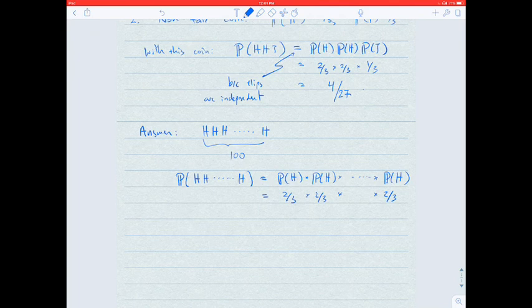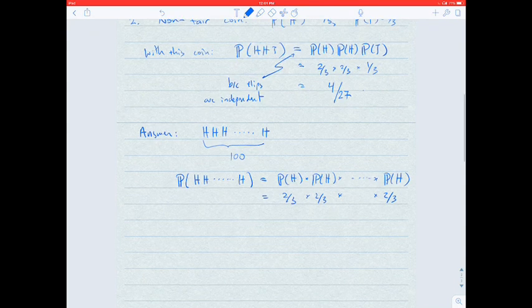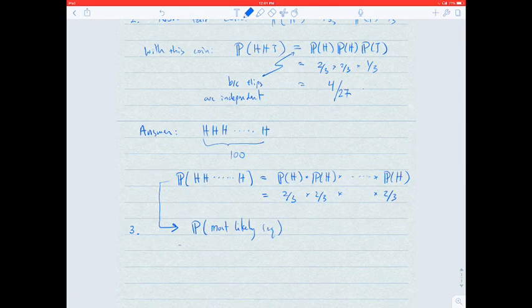Now let's actually compute what this probability is. So now we're on to question 3. We've basically done it. The probability of the most likely sequence, i.e. the probability of 100 heads, is just what we wrote here: 2/3 times 2/3, 100 times, or 2/3 raised to the 100.